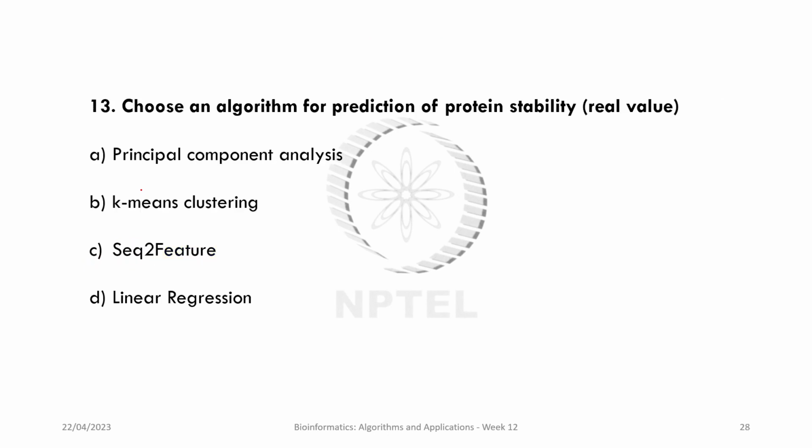Question 13. Choose an algorithm for prediction of protein stability, where in brackets you have real value.